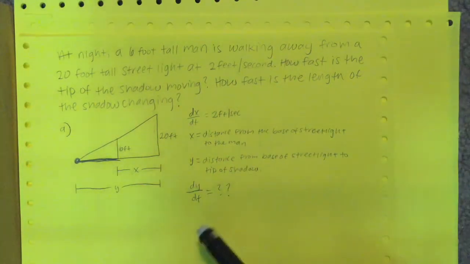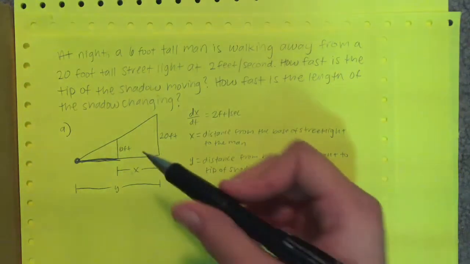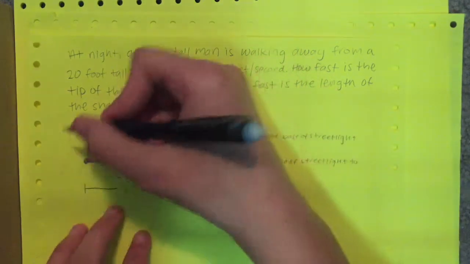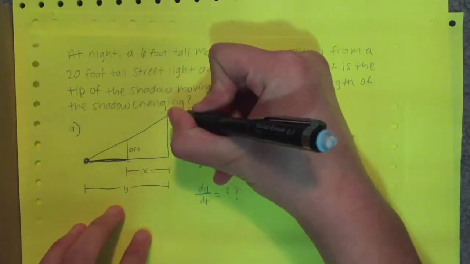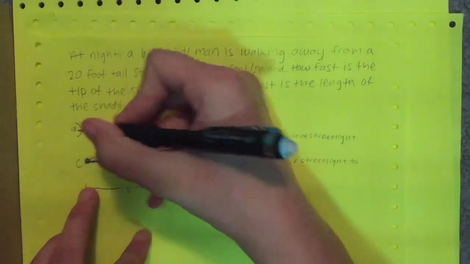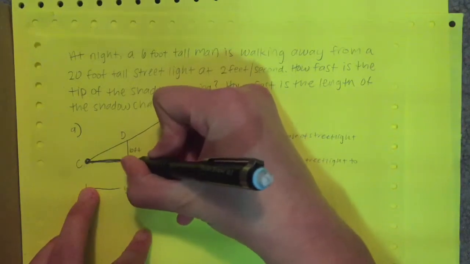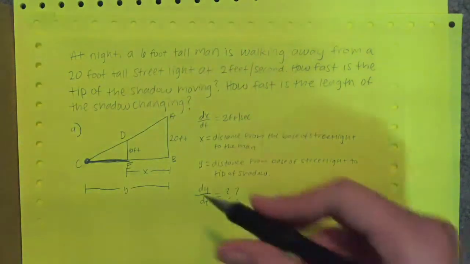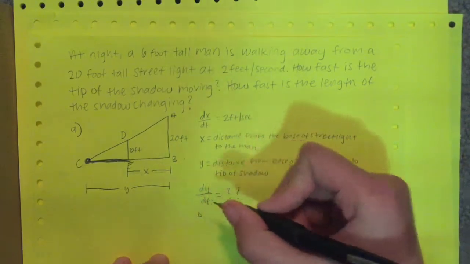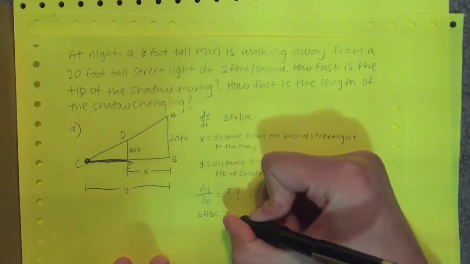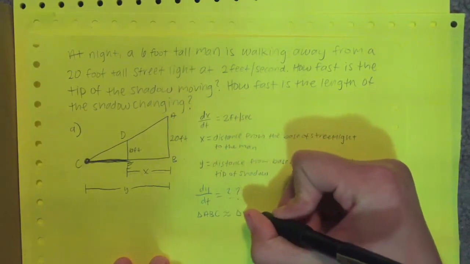We found our givens and unknowns, and now we need an equation to relate them all. We can see that these are similar triangles. Let's call these points A, B, and C, then D, and then E. So triangle ABC is similar to triangle DEC.